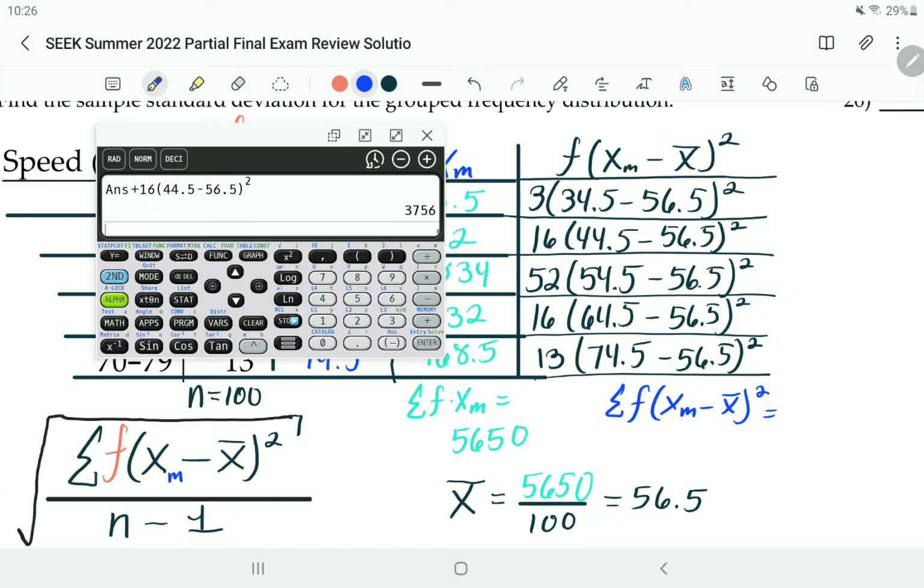Now we're not done. Add, second, enter. We're going to change that 44.5 to a 54.5. Let's delete one of these. We're going to change the 16 to a 52. Enter.